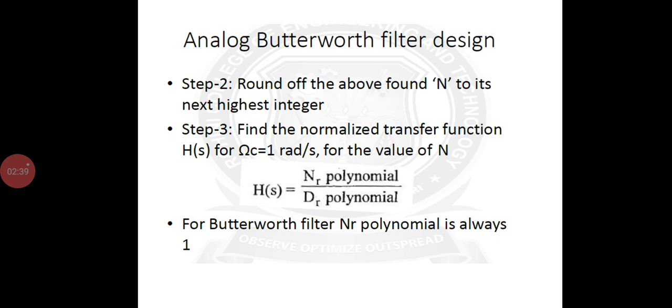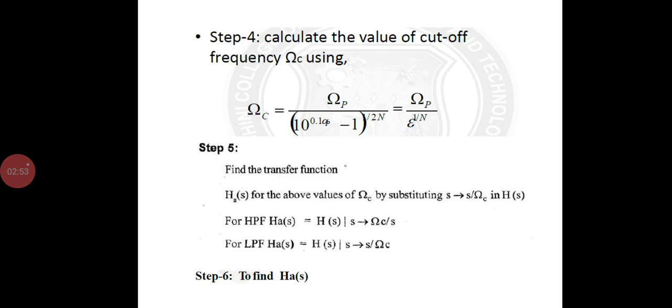Now we want to find the normalized transfer function H(s) for omega c equal to 1 for the value of N. Therefore, H(s) equals numerator divided by denominator. The Butterworth filter numerator polynomial is always 1. After finding that value, we want to calculate the cutoff frequency omega c by using the formula that is shown.